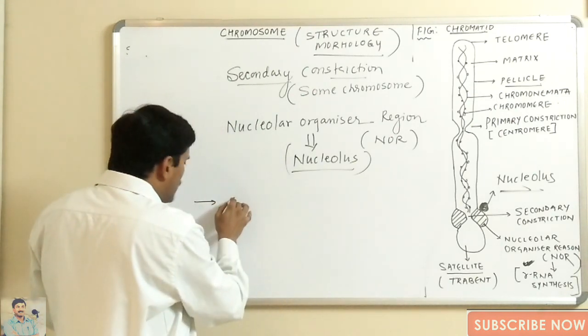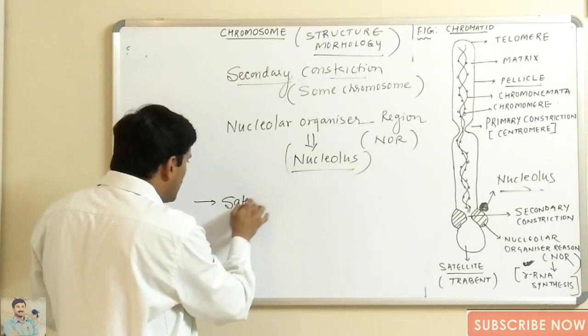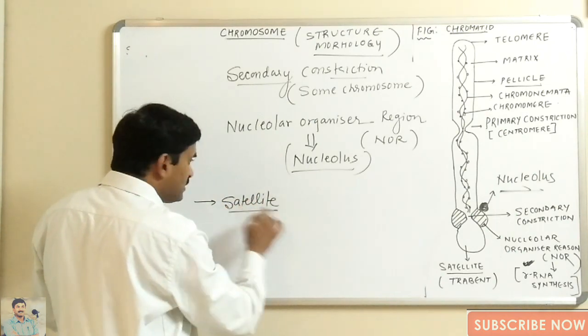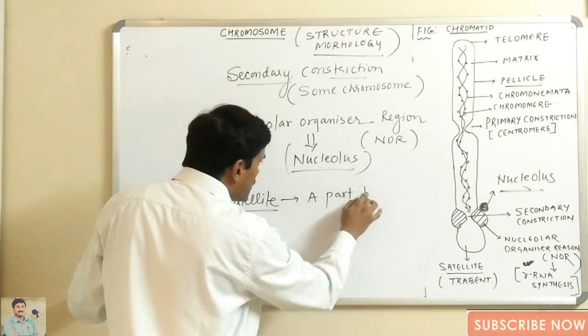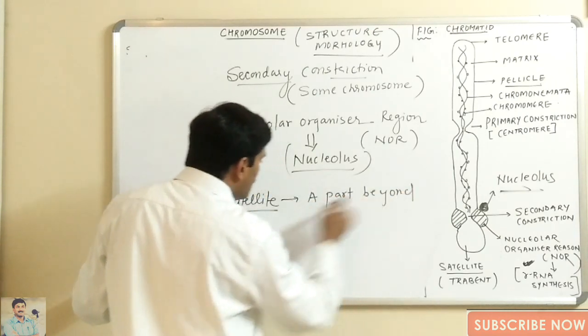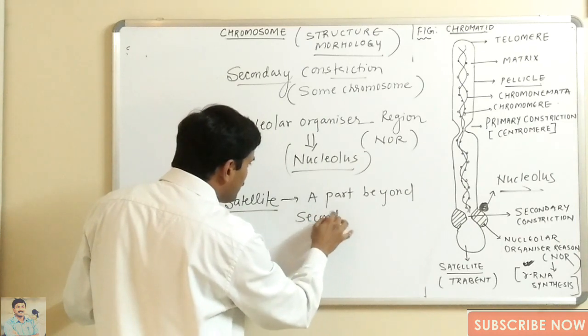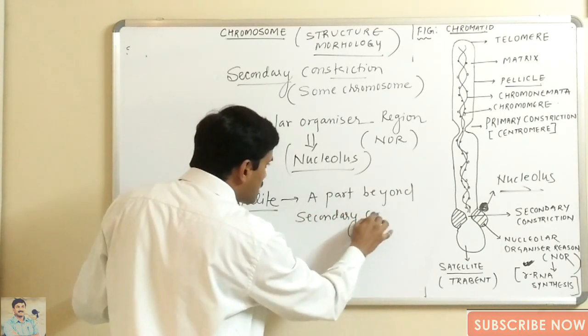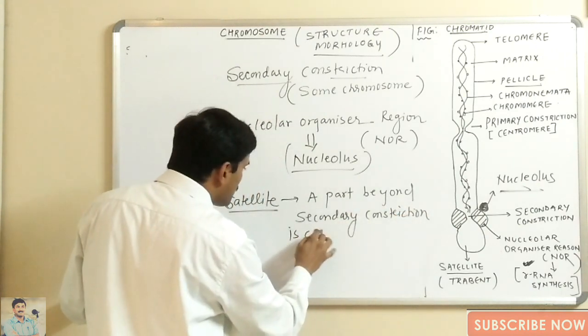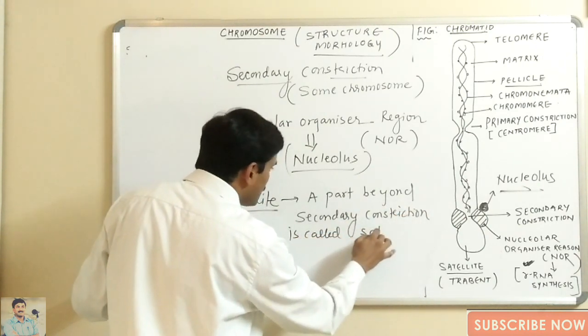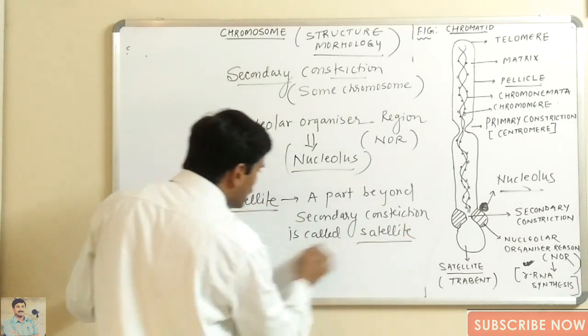And the last part of the chromosome, you can see that satellite, this part, right? A part beyond the secondary constriction is called satellite or trabant.